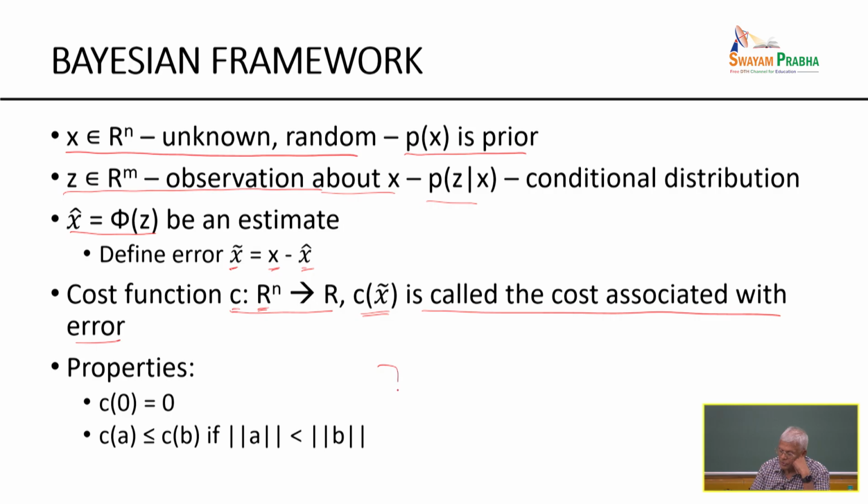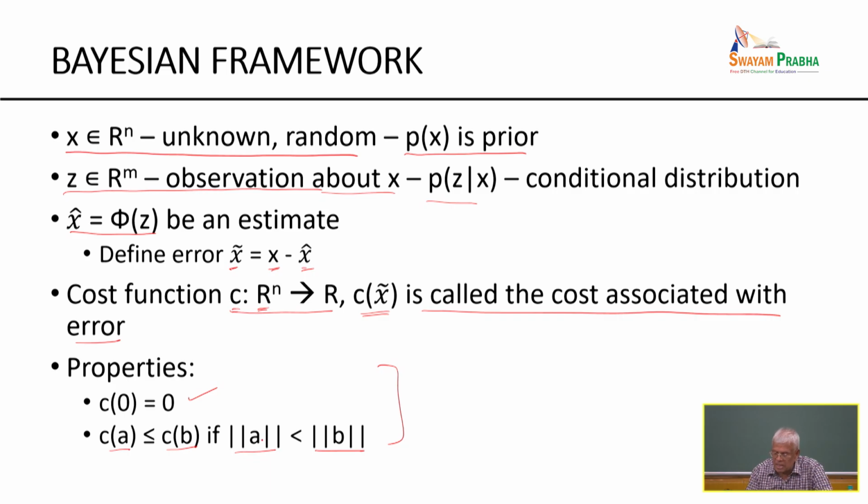The property of the cost function is such that if the error is 0, the cost must be 0, which makes a lot of sense. And the cost function must be monotonically increasing. For example, if A is a vector and B is a vector, if the size of A is less than the size of B, the cost at A must be less than or equal to the cost at B. That means error vectors with a larger norm must have larger cost than error vectors with a smaller norm.